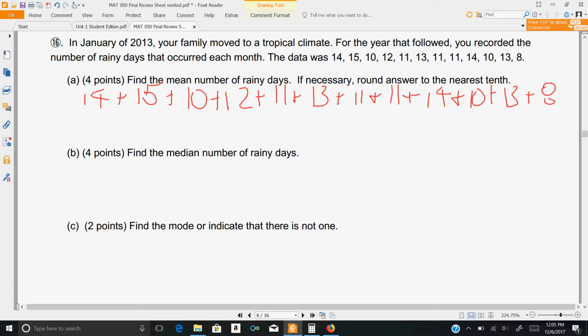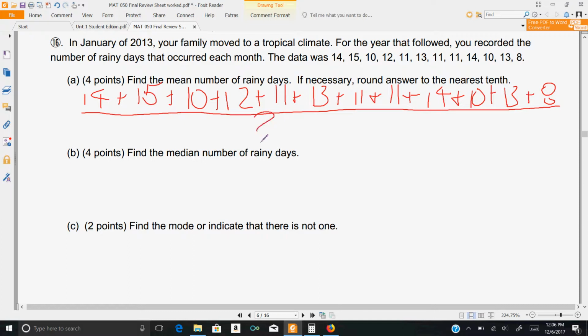And I'm going to go back now and count just to make sure. When you're dealing with big problems like this, it's good to make sure that you check yourself. So 14, 1, 2, 3, 5, 6, 7, 8, 9, 10, 11, 12. Looks like I got them all there.